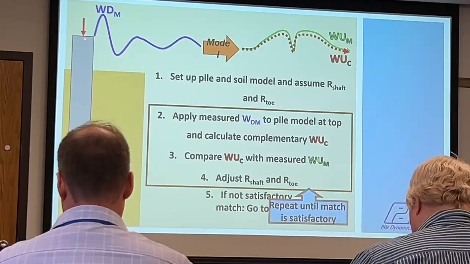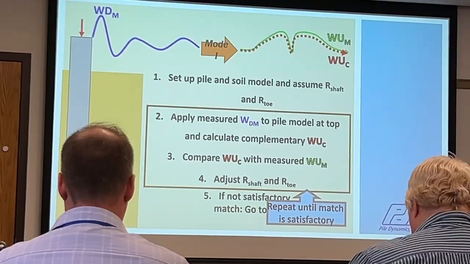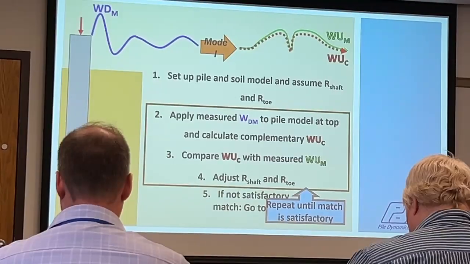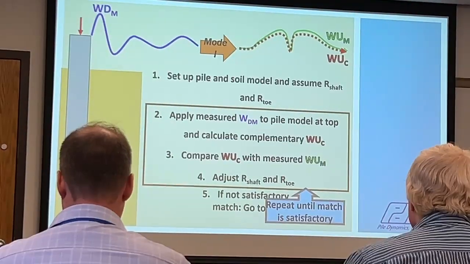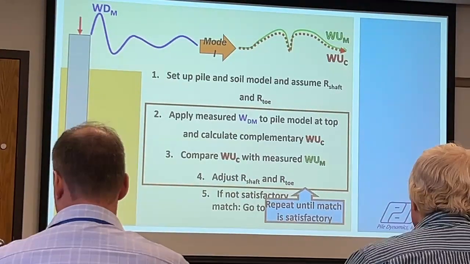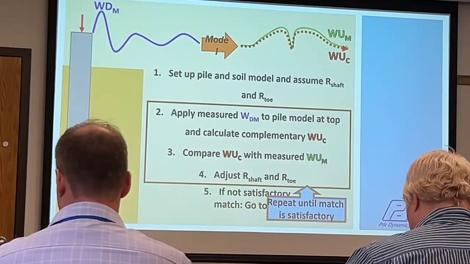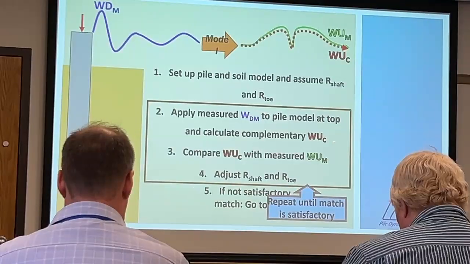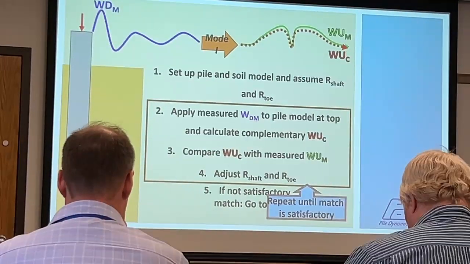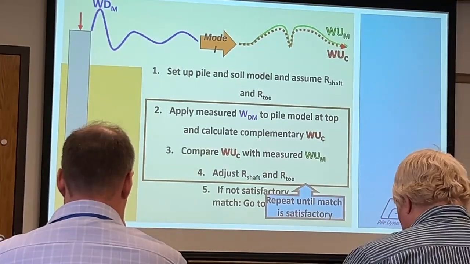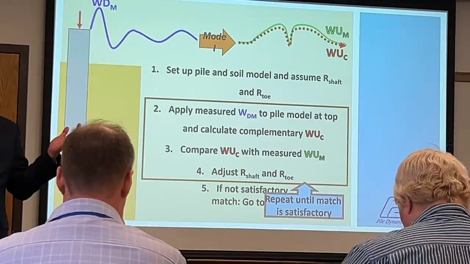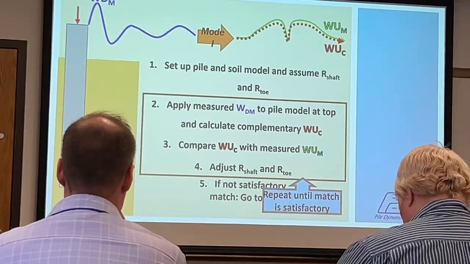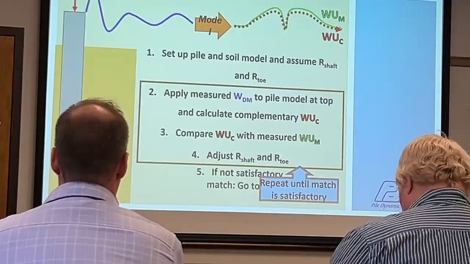That then allows us to calculate forces inside each 1 meter element of the pile, and it allows us to determine movements at those points from that force and the movement. We can calculate a computed wave up curve. Remembering that the wave up is the accumulation of resistance over the length of the pile.